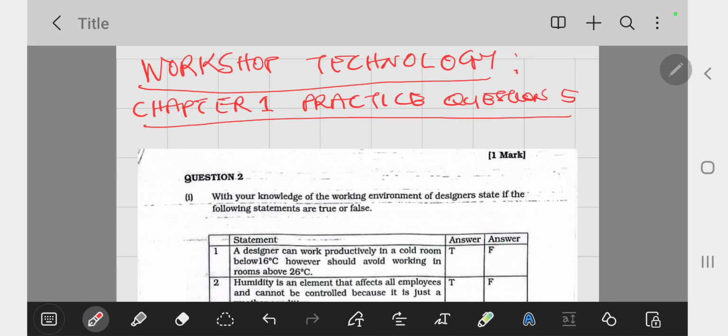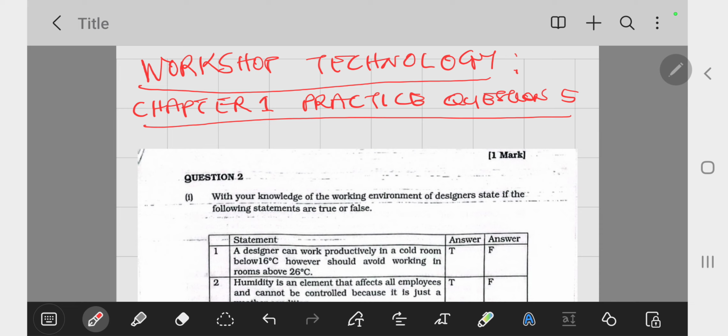So we are cruising, and this is going to be the last video in this series, which started with an introductory class in workshop technology, mechanical component. Then we looked at 5 practice questions specifically on chapter 1, which is workshop safety.